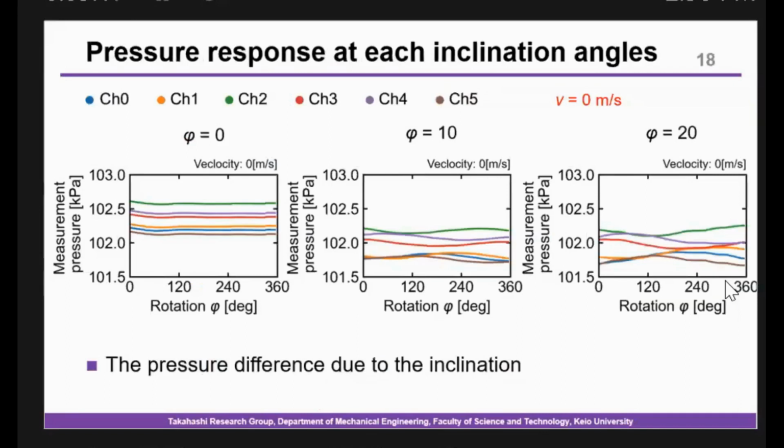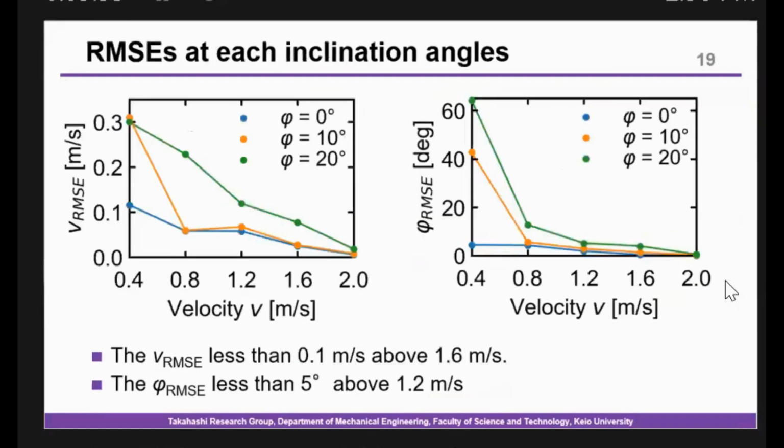These graphs show the pressure response at each inclination angle when the velocity equals 0 meters per second. We can confirm that the pressure difference is due to the inclination. These graphs illustrate the root mean square error for each inclination angle.